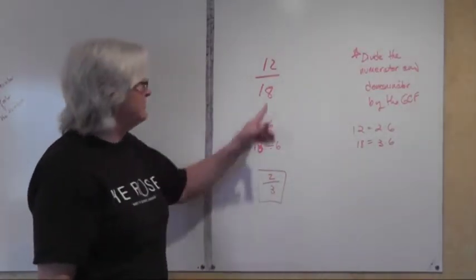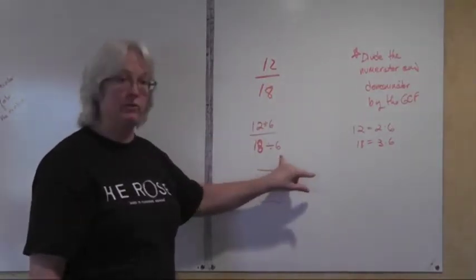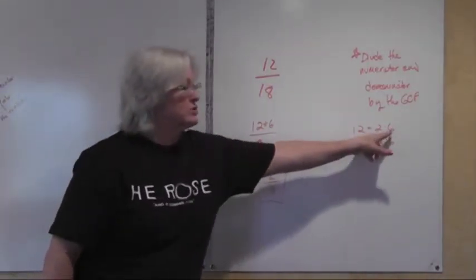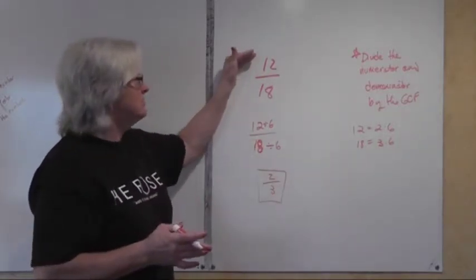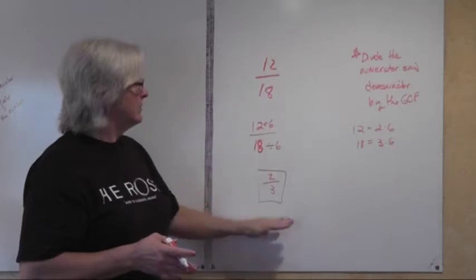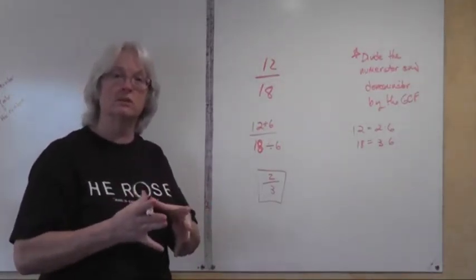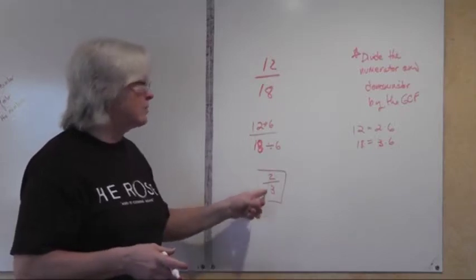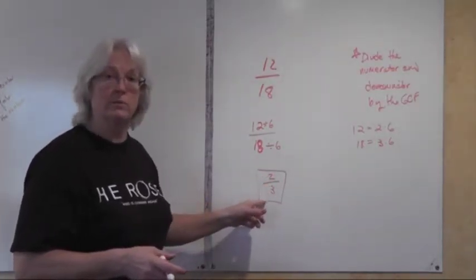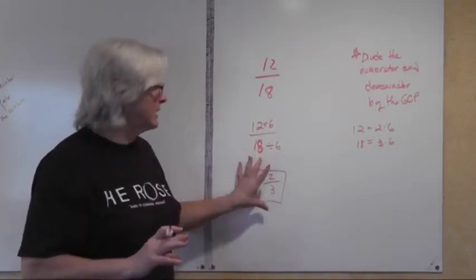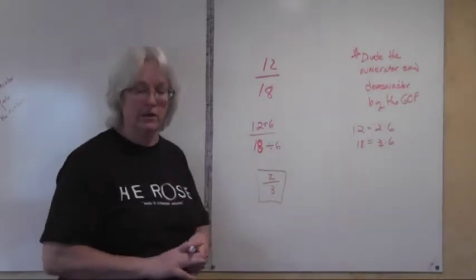So we have divided both the numerator and the denominator by the greatest common factor, the largest number that divides into each numerator and denominator. We've ended up with 2/3. This is a fraction that is reduced to lowest terms. There are no common factors here because 2 is a prime number, 3 is a prime number. There's nothing else here that we can cancel common factors in the numerator and the denominator.